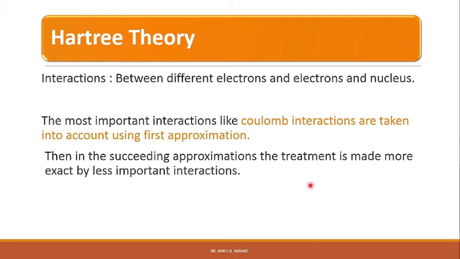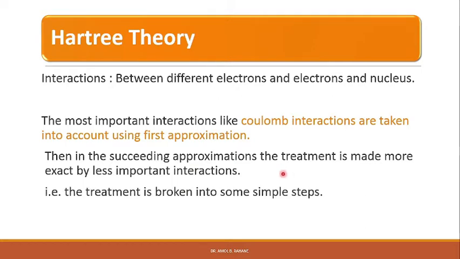They are less important for us, but we do the calculations by adding these less important interactions in the succeeding approximations. That is the treatment broken into some simple steps.